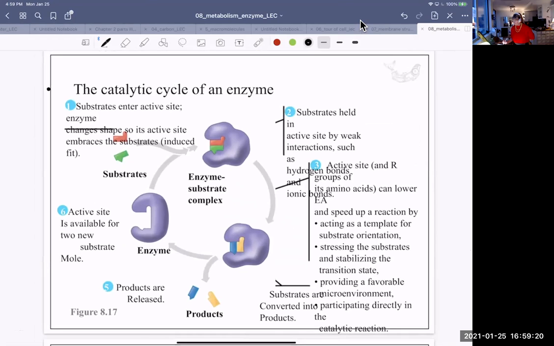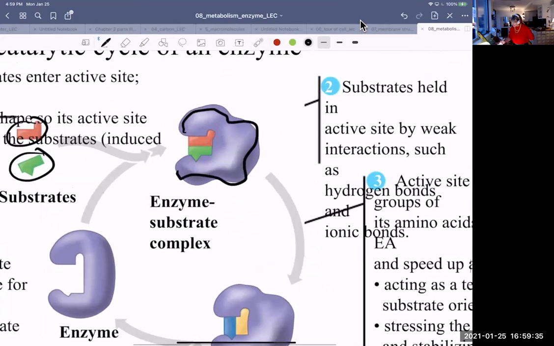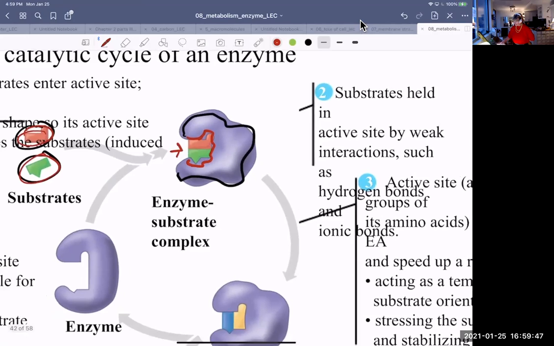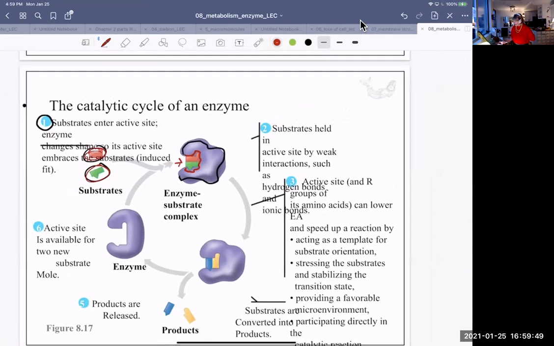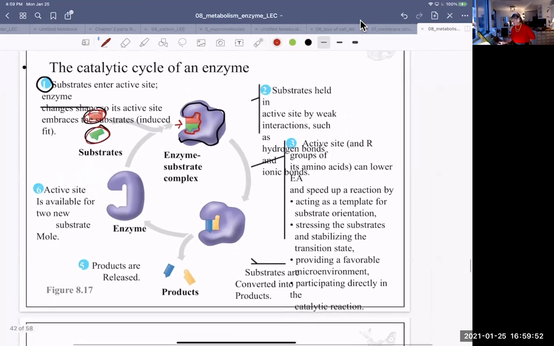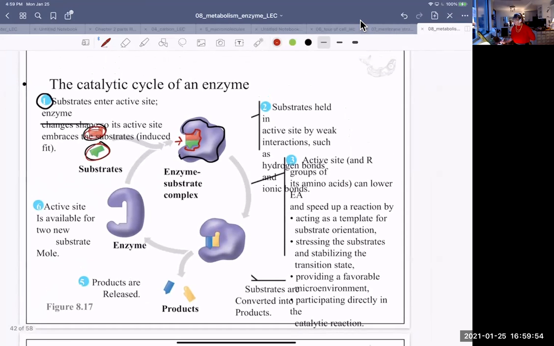So you can take a look at this in the text as well. Here's the substrate. In this case, there are two separate molecules, fructose and glucose. And here's the enzyme with its active site. Here's the active site here. And these two just happen to fit very nicely into this active site. So the enzymes do attract those molecules.